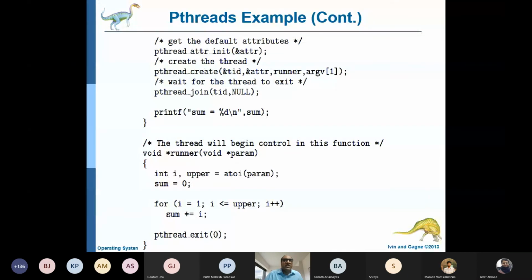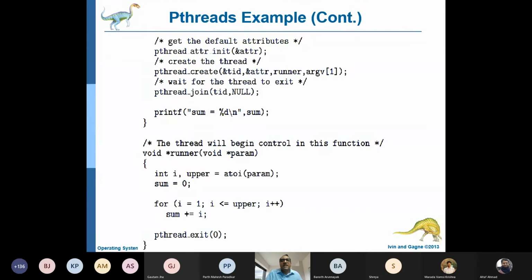Suppose that thread has to be done in a prioritized manner, then it has to be given higher priority. So the attributes have to be set before the thread is created. By using this function, pthread attribute initialization, you can initialize the attributes of the thread to be created.